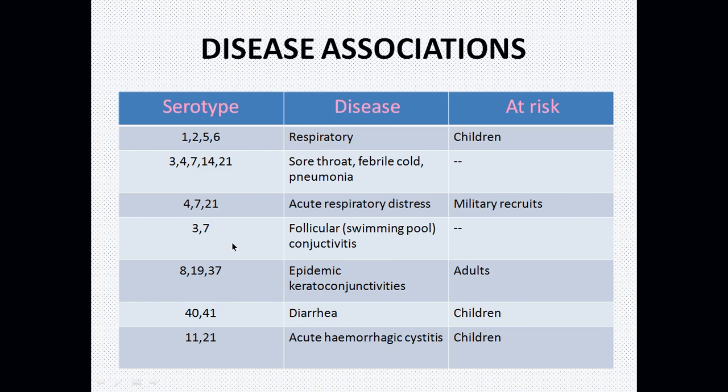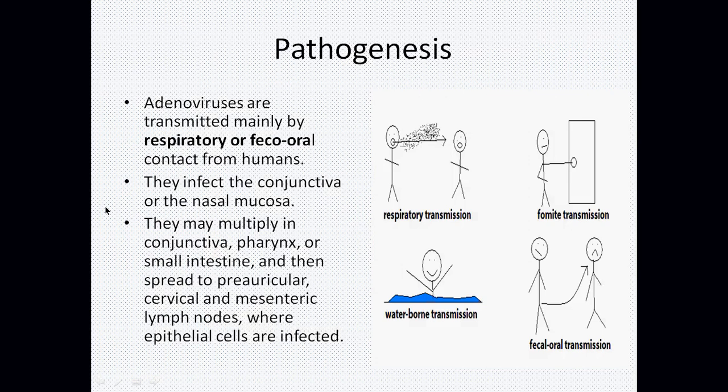Now we are going to see the pathogenesis. The adenoviruses are transmitted mainly by the respiratory route, by droplet infection, and also by fecal-oral transmission. They also act as fomites. So that means if the viruses get attached to local sites, and someone touches the site, they will get infected from the same viruses.